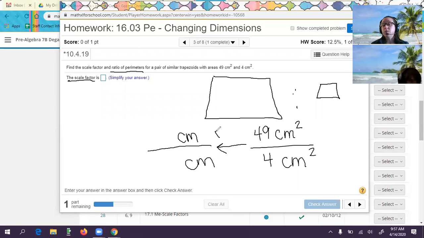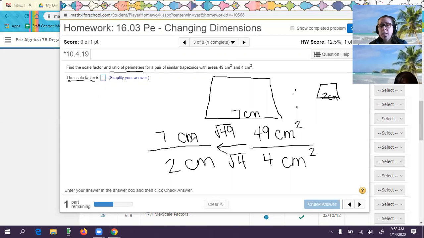So we're going to take the square root of 49 and the square root of 4. That helps us work backwards to get the ratio, so this would be a scale factor. These are how the sides compare. Every 7 centimeter side is compared to 2 centimeters in the smaller one, or perimeter. Either way, the ratios break down. We might get bigger perimeters, but they would simplify to 7 over 2.